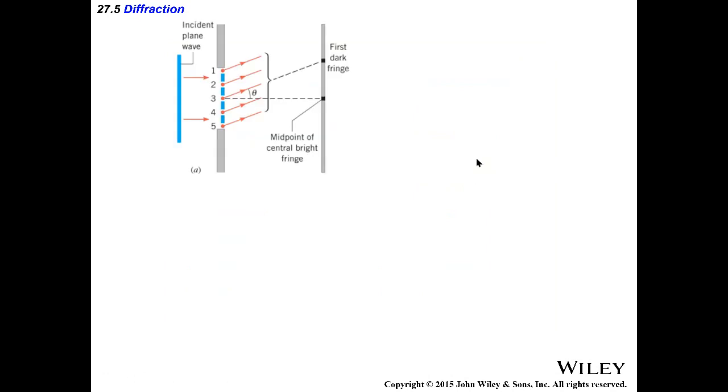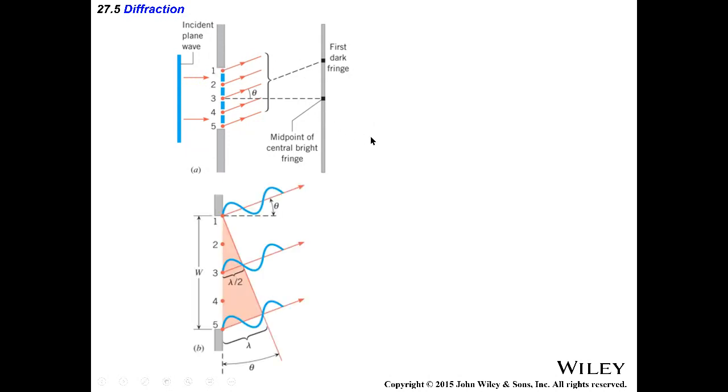And you can now figure out, how do you figure out? I would like to know the phase difference between the light that came this way versus the light that came this way. Well, I can magnify it, and I draw it out here.